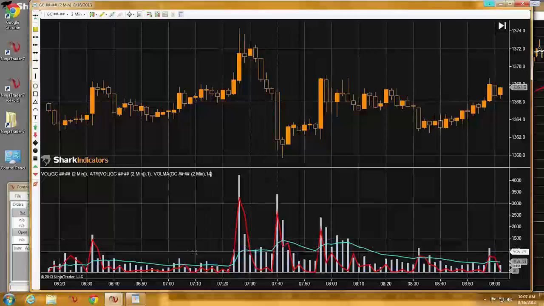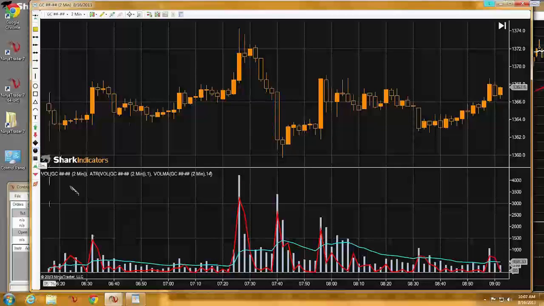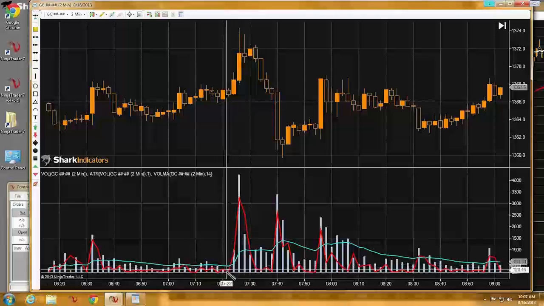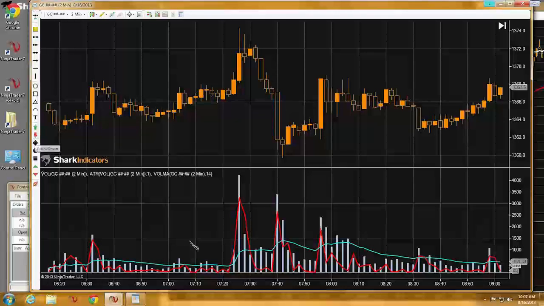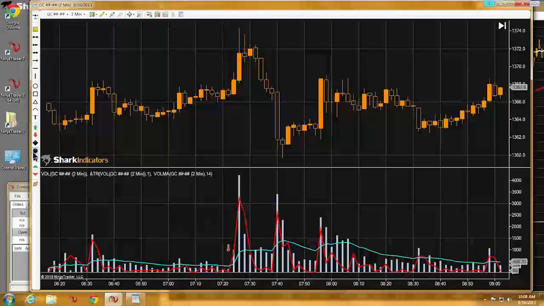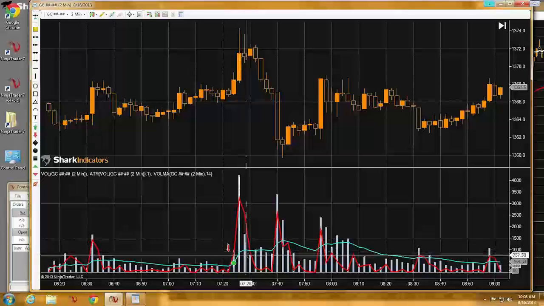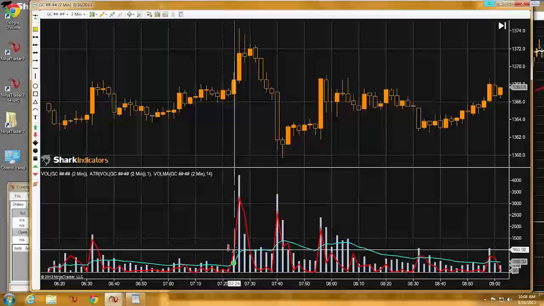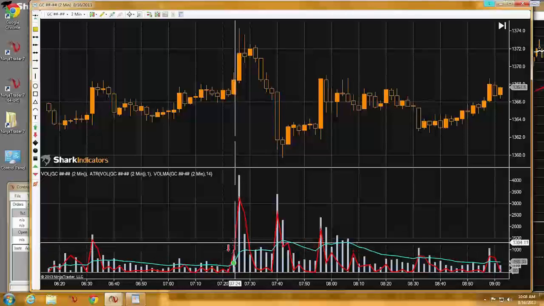What I'm seeing is, let me get my little chart markers here. If we're looking at this small volume comparison to the next one, I can see the volumes exceeded our moving average, and it's hard to tell if it exceeded the ATR.